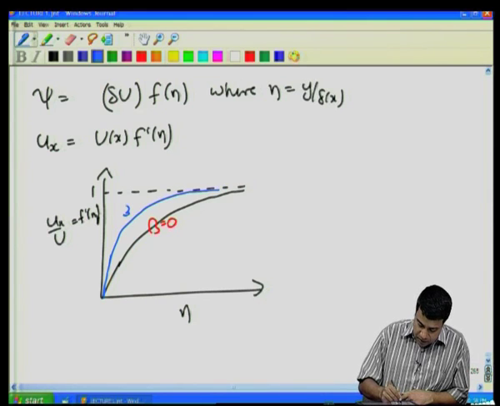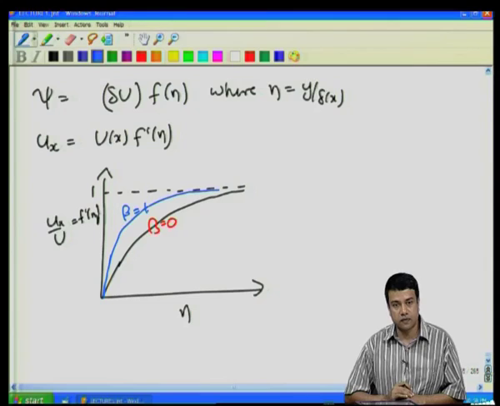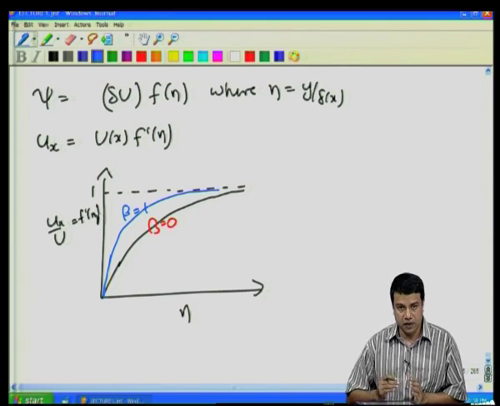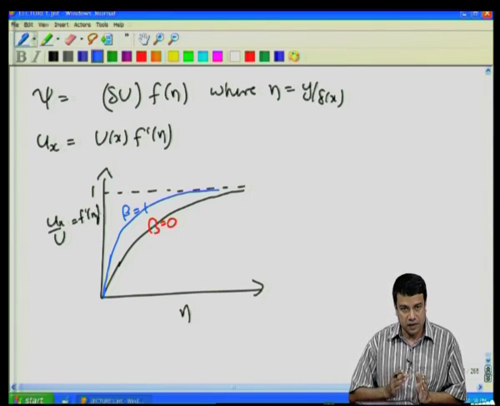Beta equal to 1 corresponds to something that looks like this. So, as beta increases, the gradient of the velocity at the origin increases, or the shear stress at the origin increases. As beta decreases, the gradient decreases.